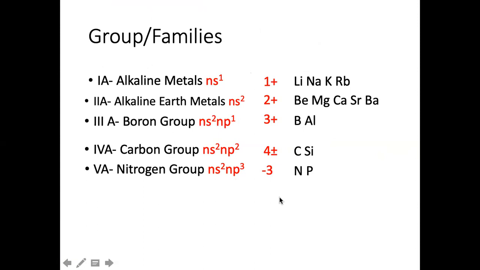Once we do it as an ion, the nitrogen ion, N3 negative, is called nitride. And we have P3 negative, meaning it will be an ion where we add 3 electrons. You're going to call that phosphide.